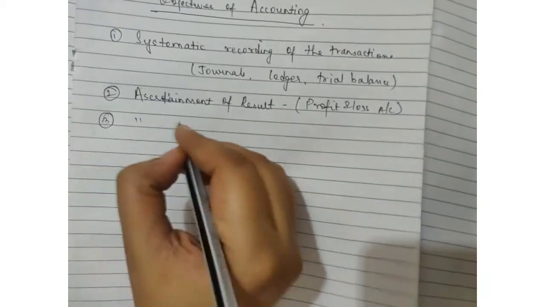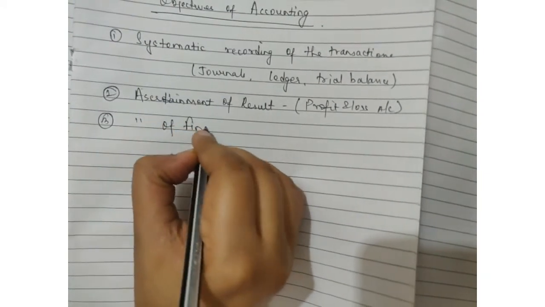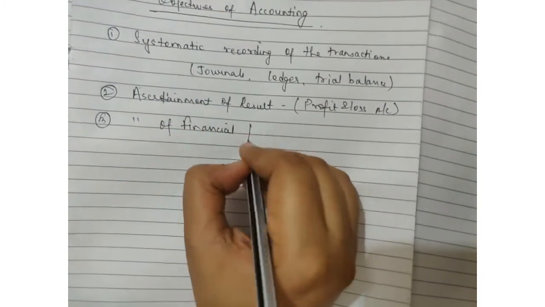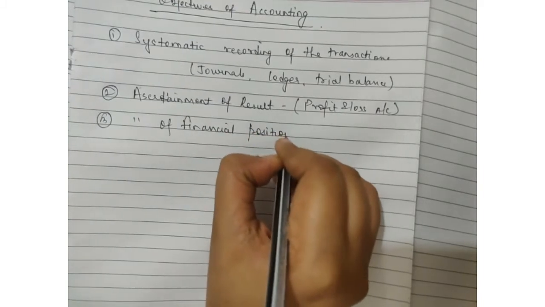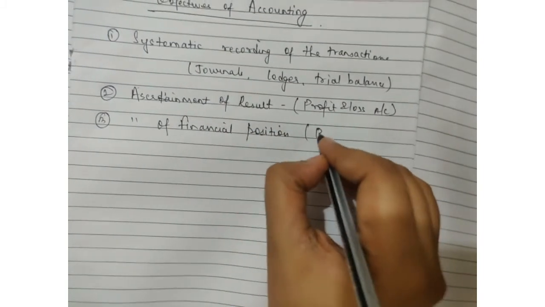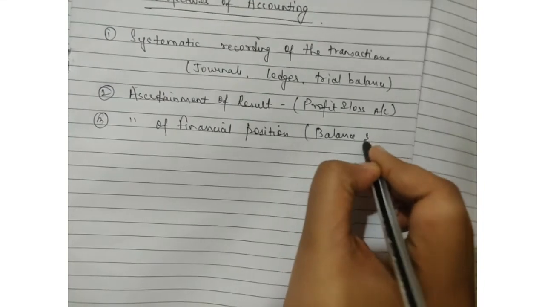So you will like to know at a particular date how many assets you have and what is the total liability of the firm. That objective is fulfilled by accounting. So, next is the ascertainment of the financial position, that is, the amount of assets and liabilities of the firm. For this, we prepare the balance sheet.